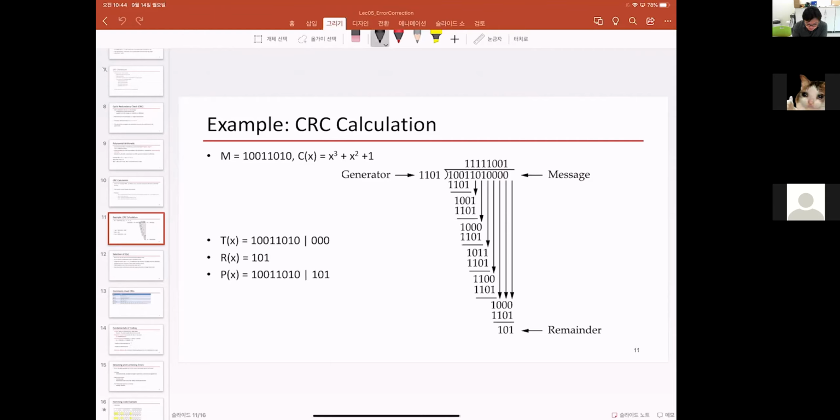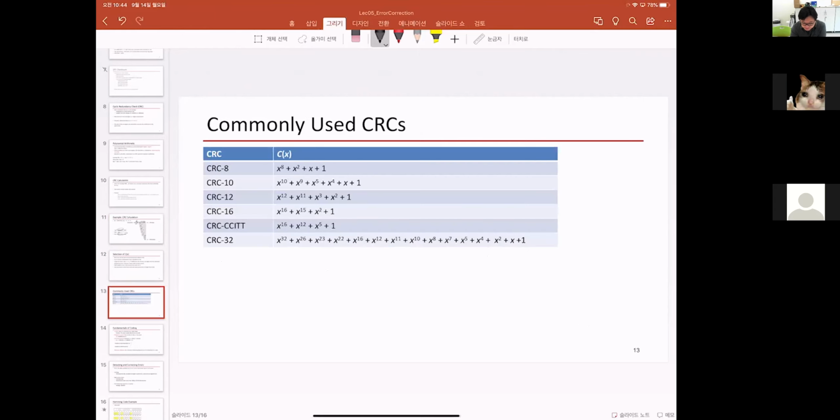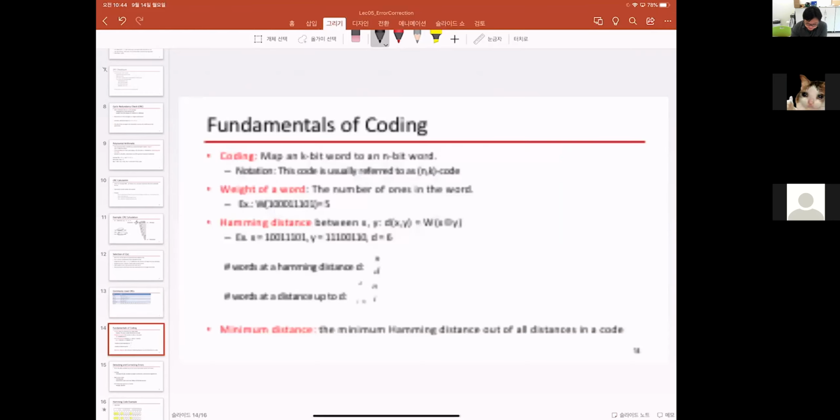This is my actual information, this is my code, and this is what is actually transmitted. If this packet is transmitted, I divide with this code. If there is a remainder, there was something wrong. If not, it is correct. So CRC is very practical. CRC32 is commonly used in today's technology. With this 32-bit, we have the ability to handle megabyte file sizes.